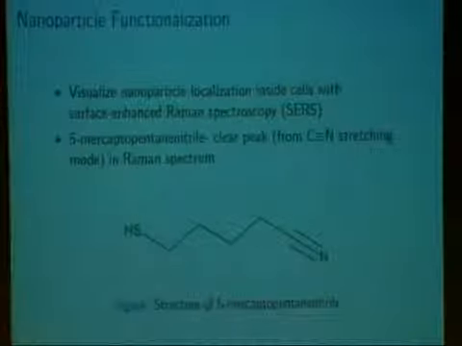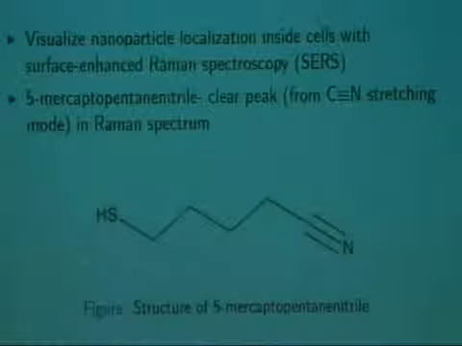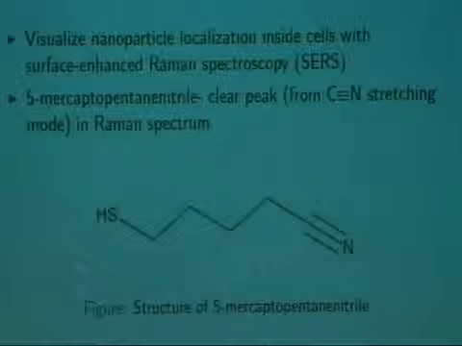This is in a region of the Raman spectrum that does not usually have peaks in biological systems because, of course, you don't have many nitrile groups inside cells. And so by tracking the location of the nitrile groups that show up in a sample, we can track the location of the nanoparticles and see where they go inside cells.